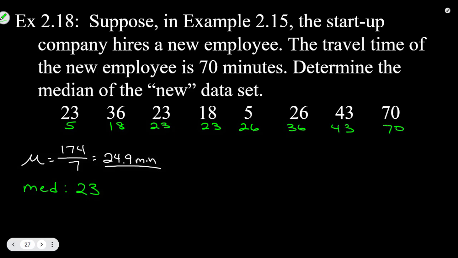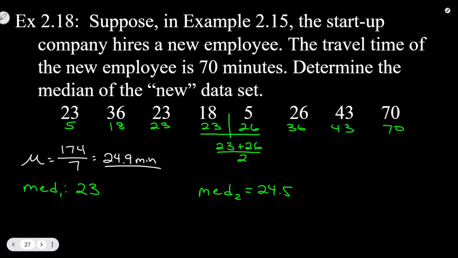So this time we have 8 values, so we have to count 4 below the median and 4 above the median. We will have to take the average of those two. So 23 plus 26 divided by 2. I'm going to grab a calculator just to make sure I don't mess that up. It's 24.5. So our new median, we'll call it median 2, is 24.5. We'll call this median 1.